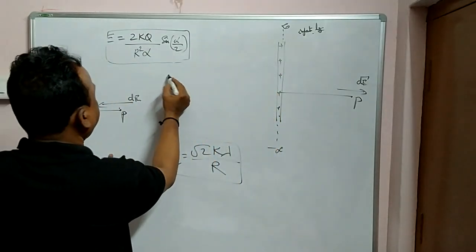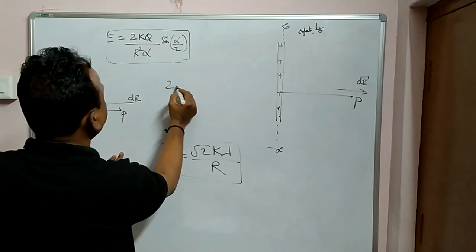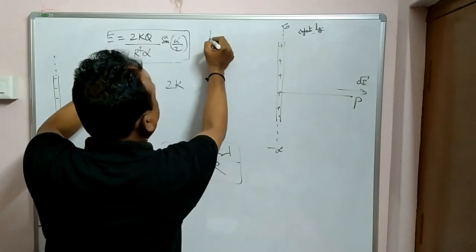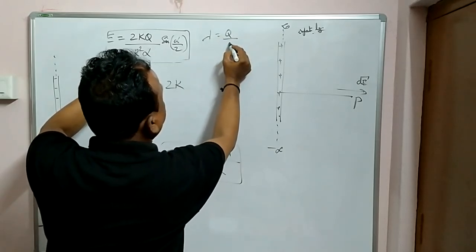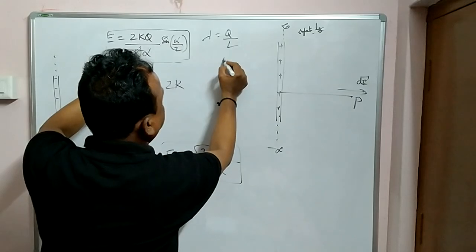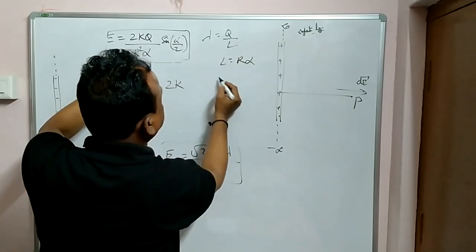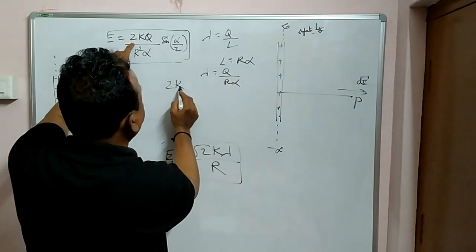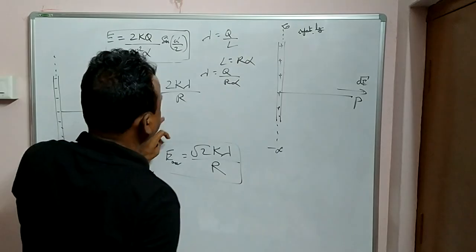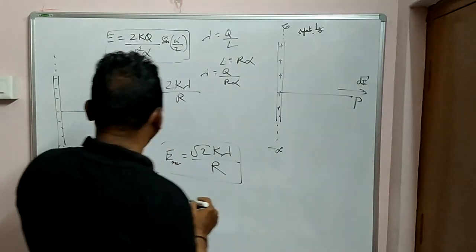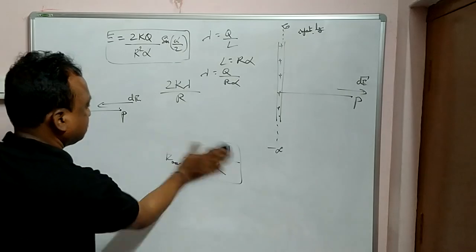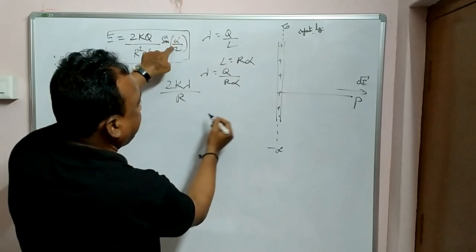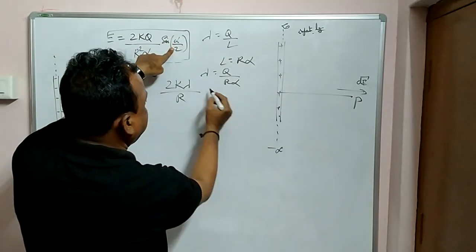So usually the angle is 180. We got the formula 2k lambda by r. How did we derive it? Lambda is equal to q by L, and L is r alpha, so lambda is equal to q by r alpha. That gives 2k lambda by r into sine alpha by 2, where sine of 180 by 2 is sine 90, which is 1.